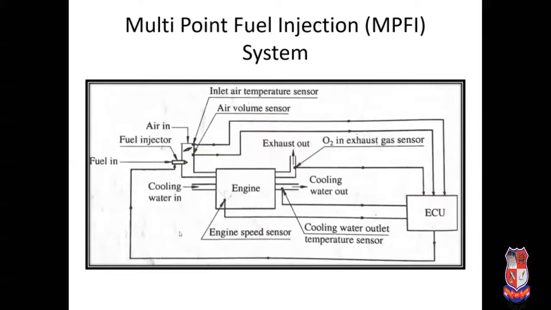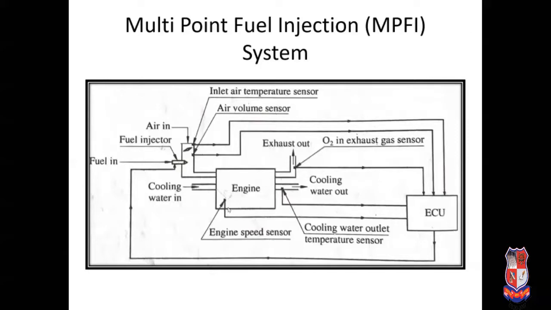So that is how this sensor works. Next, the air volume sensor. Whatever air enters, the mass flow of the air, or we can say the volume, can be measured by the air volume sensor.